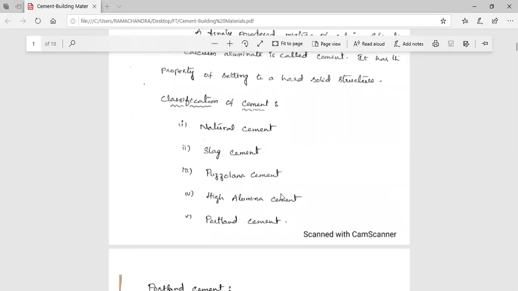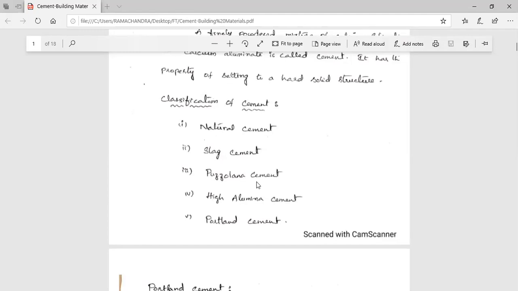Next, Pozzolana cement. This Pozzolana cement is obtained by mixing pozzolana, which means deposits of volcanic ash, and slaked lime.